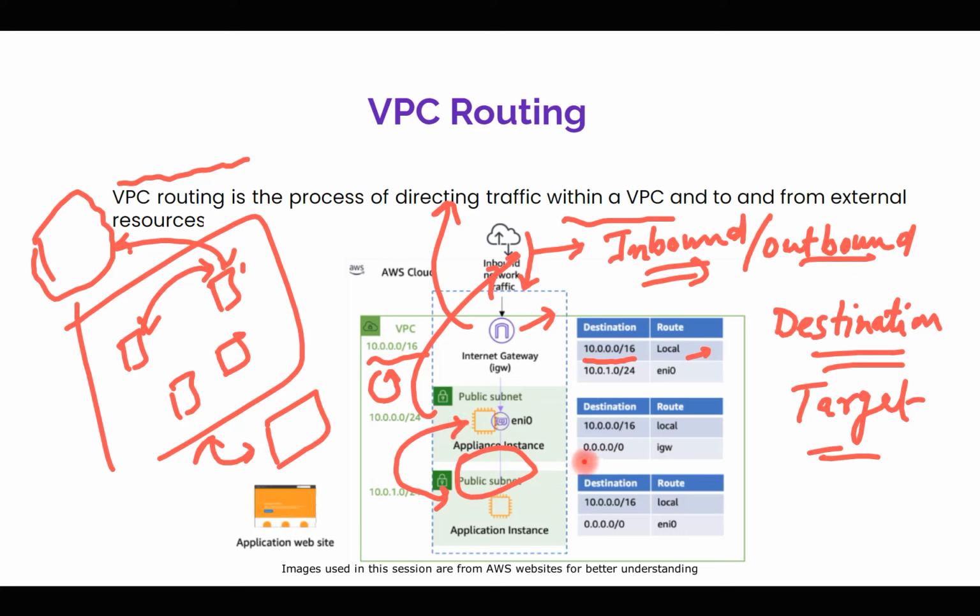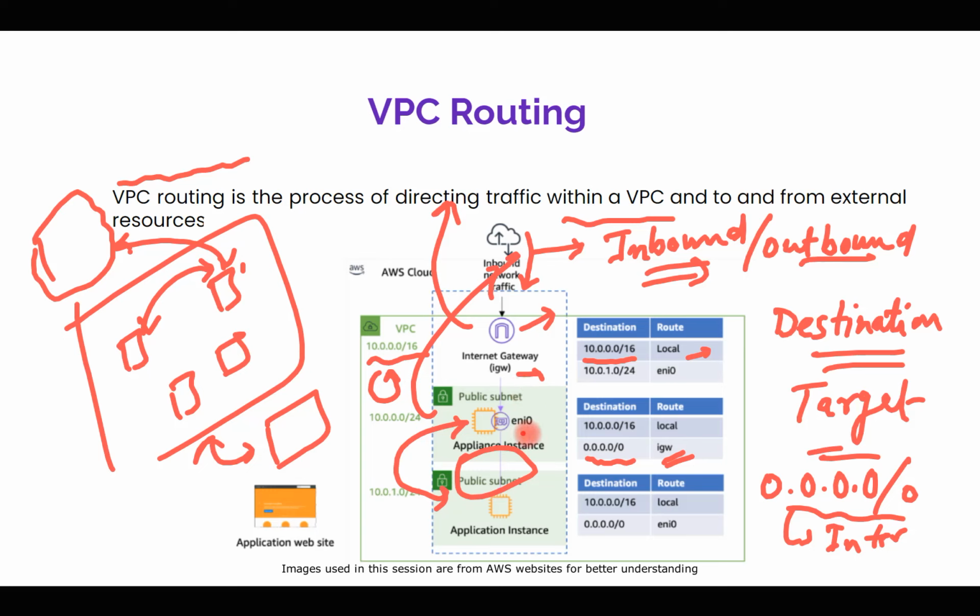If you look at this one, 0.0.0.0/0, what does it represent? It represents the internet. So whenever any traffic goes to the internet, it requires an internet gateway, in short known as IGW. This is how we need to understand it.